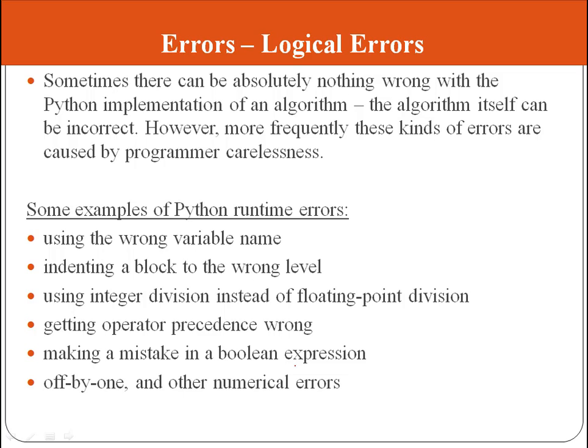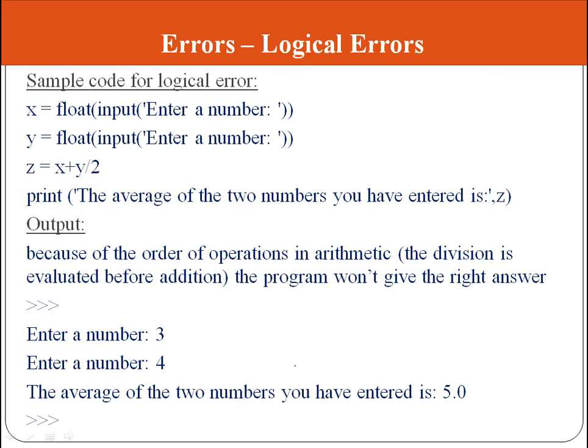However, more frequently, these kinds of errors are caused by the programmer's carelessness. Some examples of logical errors are using the wrong variable name, indenting a block to the wrong level, using integer division instead of floating point division, getting operator precedence wrong, making a mistake in a Boolean expression, off by one, and other numerical errors. These are some of the logical errors that you should take care of.